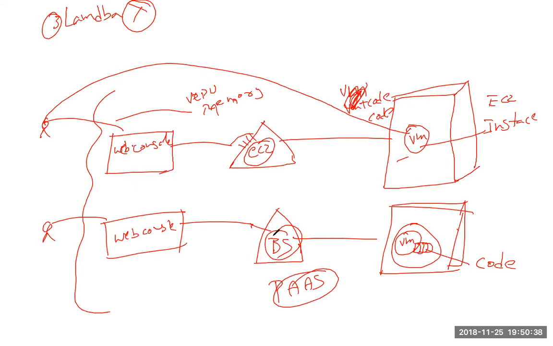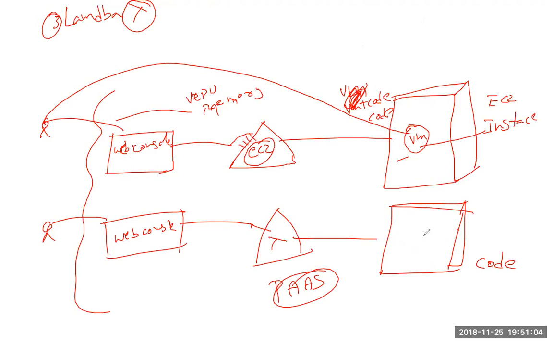So instead of Beanstalk, I'll communicate with the service called Lambda. What will be my end result if I'm dealing with the service called Lambda? My code will come in, I don't know where it is. It can be anywhere in the Amazon data centers.